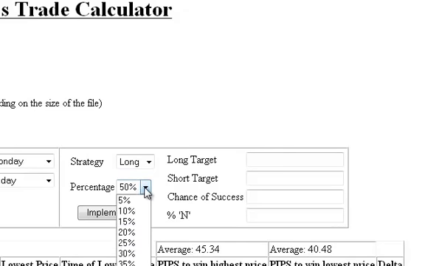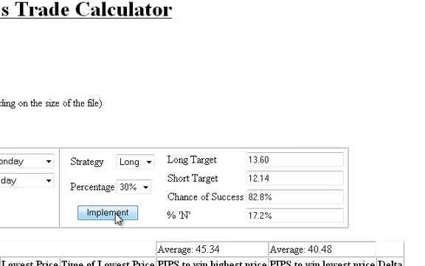If we go in and let's say we take 30% of that number, it tells us that we are going to have an 82% chance of success by entering this long trade of 13. A short trade gives us about a 72% chance. Let's see if we change that to a 20.